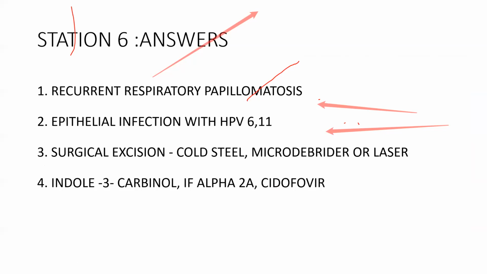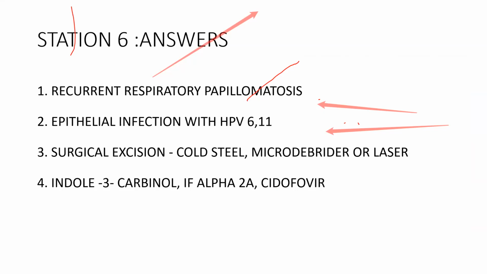And when you look into the epidemiological details of recurrent respiratory papillomatosis, firstborn, vaginally born male babies are more prone to it. Madam, it was given in the old coming. So firstborn, vaginally born male baby. That is called Kashima's triad, no?